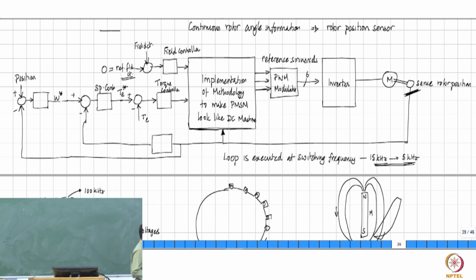Right? We have drawn a block here, which I said you do something inside this block which ensures that whatever happens there looks like a DC machine on this side, and for that purpose you need the rotor angle. That rotor angle can be obtained in this manner.